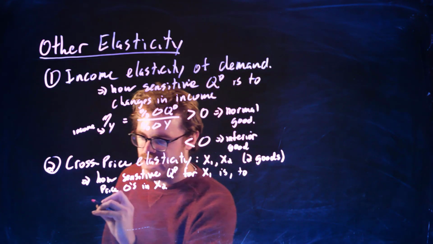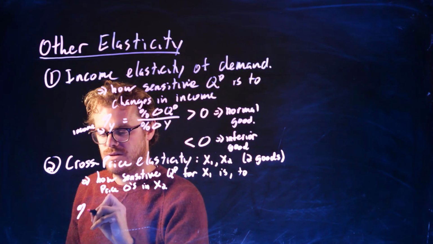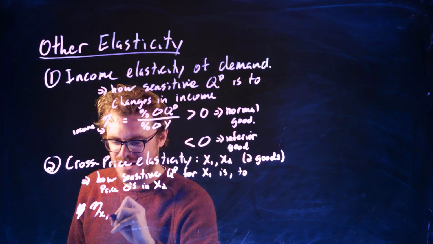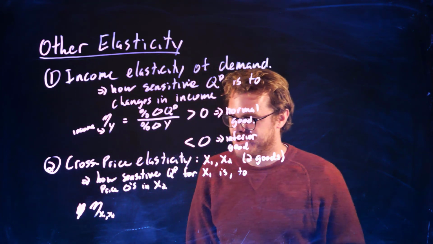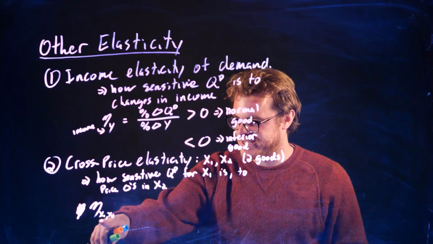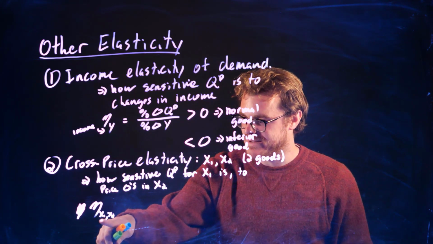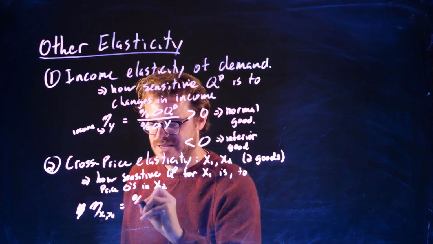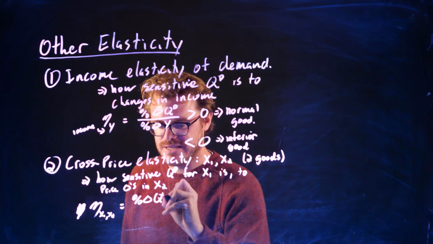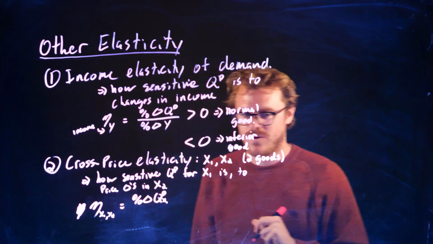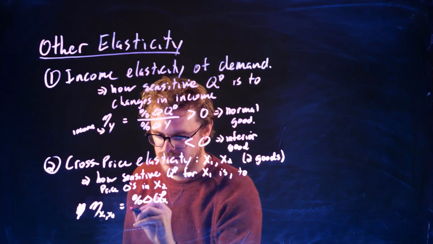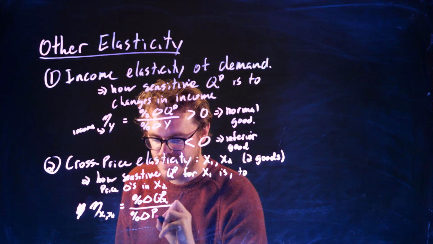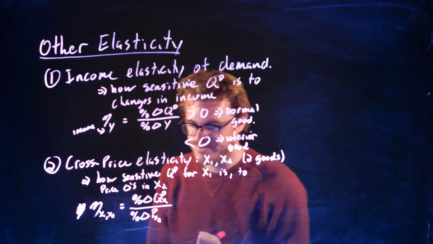And so again, we're going to calculate it. It's a really bad eta. X1, X2. I'm just going to denote it X1 and X2. So it's the change in quantity demanded of X1 from changes in the price of X2. It's going to be the percentage change in QD of good X1 over the percentage change in the price of good X2.